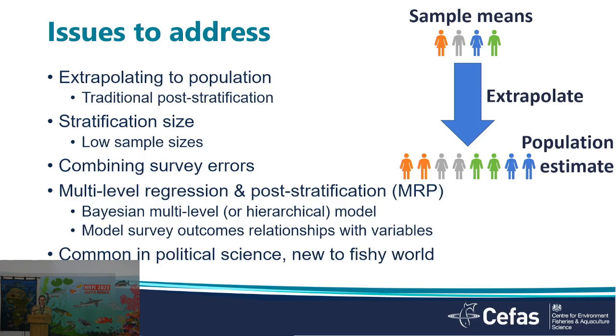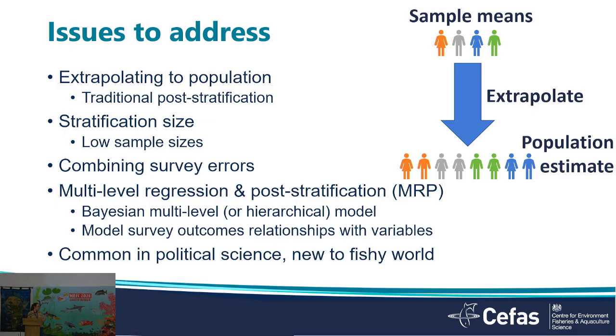So that's where MRP, which is multi-level regression and post-stratification, comes in. It's a Bayesian modeling framework, and it effectively models the relationships with the different variables rather than creating different groupings. It's quite common in political science to predict election results, but I think it's relatively new to fishery science.